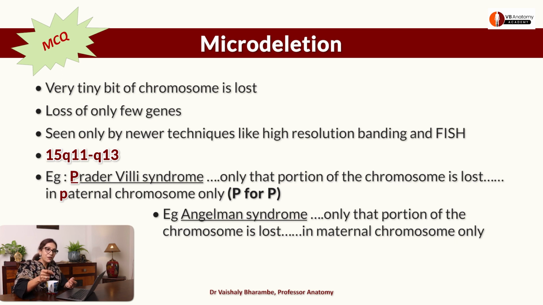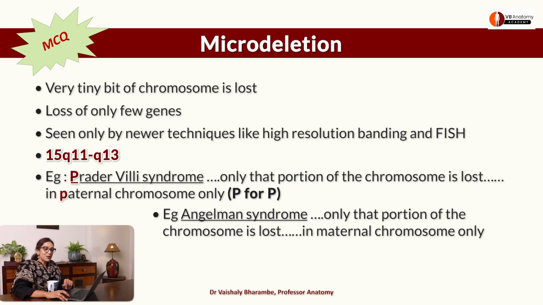That too, if it's from a paternal chromosome, the condition is called Prader-Willi syndrome. P for P, will you remember that? Prader-Willi syndrome, paternal deletion. Angelman syndrome, maternal deletion. Same spot on the chromosome is lost. But if it's on the mother's chromosome, then it's Angelman. If it's on the father's chromosome, it is Prader-Willi syndrome.